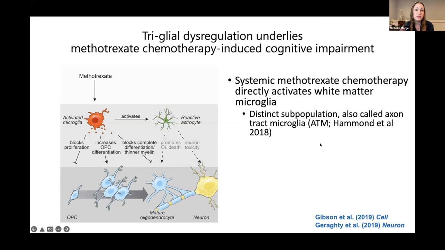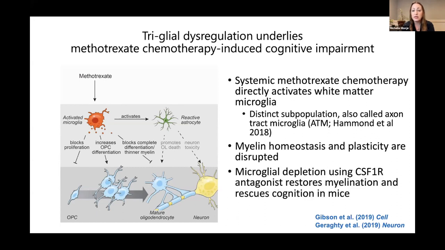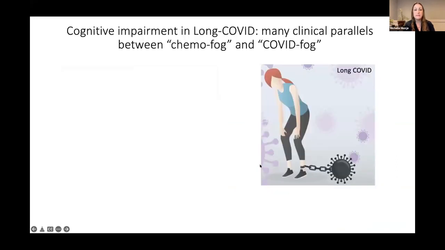And this distinct population really does seem to be exquisitely sensitive to systemic toxic and other inflammatory insults. We find that myelin homeostasis and plasticity are disrupted, again, particularly in the white matter tracts, and that depleting microglia using a CSF1R antagonist restores myelination, partially normalizes astrocyte reactivity, and rescues cognition after methotrexate exposure, at least in mice.